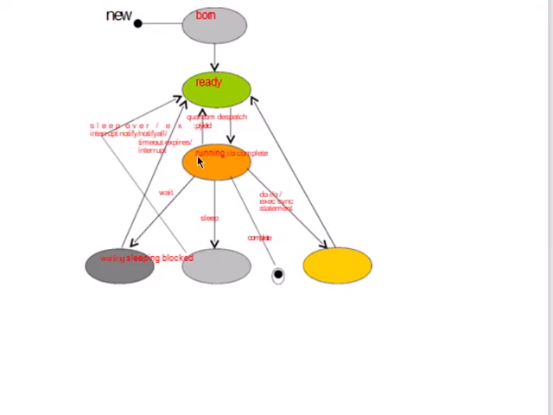Okay, if you've got a running process, it might decide to execute a wait method, in which case it's going to wait for a particular event to happen.